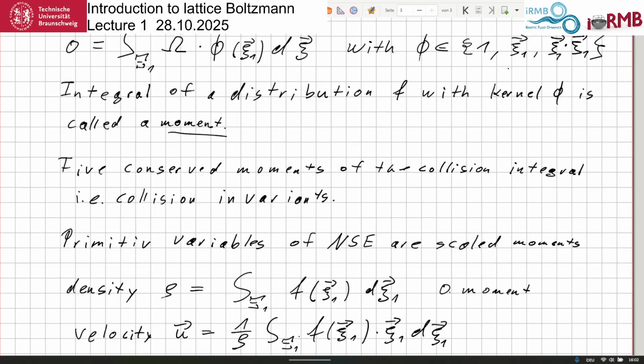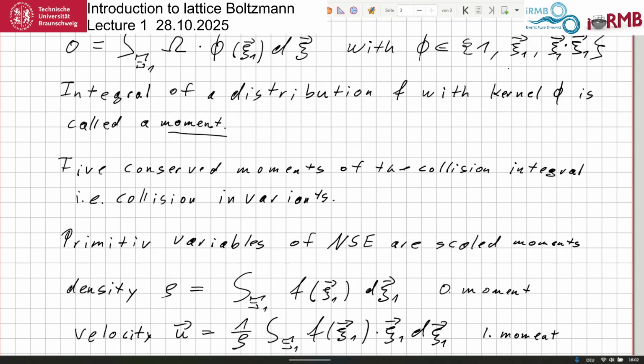So if you integrate the entire probability function with their velocity, you get the velocity of the system at this point, and this is the velocity in the velocity field of the Navier-Stokes equation. So these things are clearly related. This is the first moment.